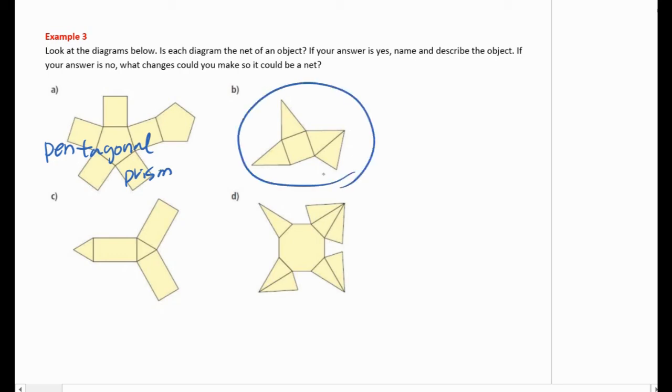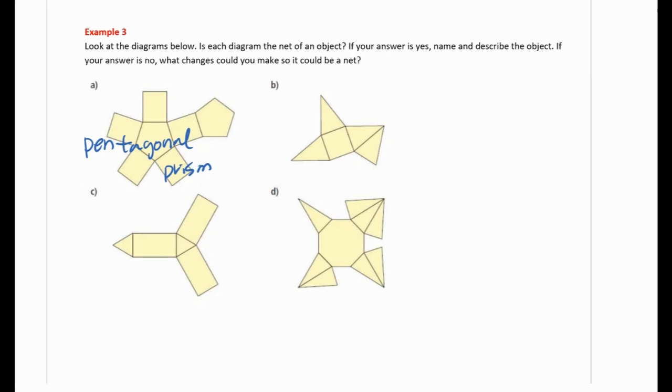And what about this one? Does this one have identical bottom and the top? No, but I think it has a pointy top here, and all the letter faces are meeting at this vertex. So this is a pyramid. So what kind of pyramid is this?